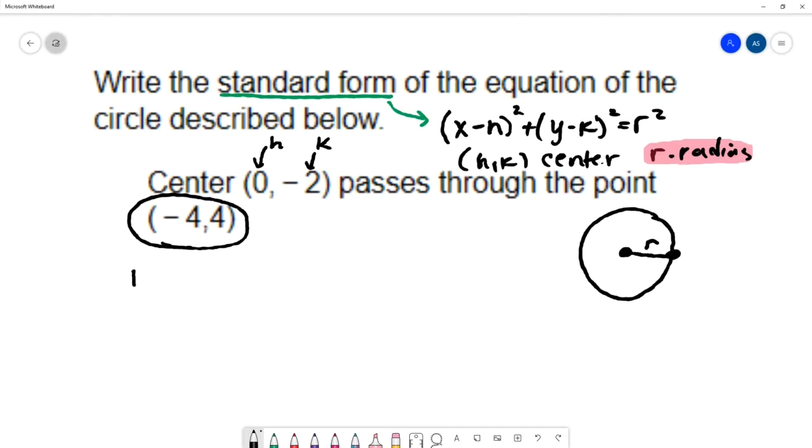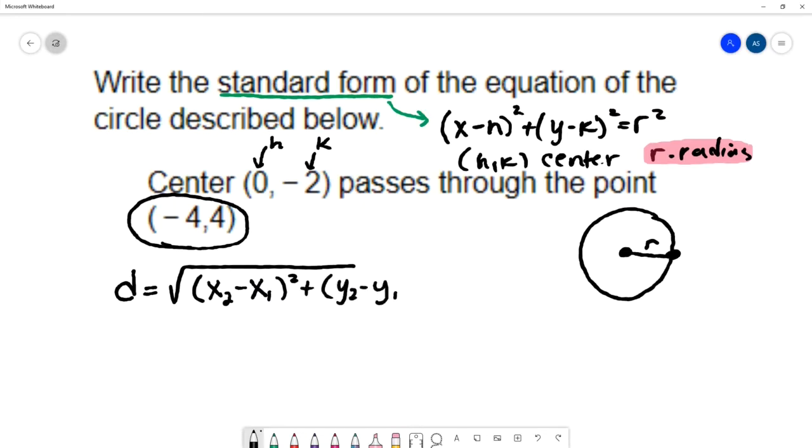We have a formula for distance between points: the square root of (x2 - x1)² + (y2 - y1)².